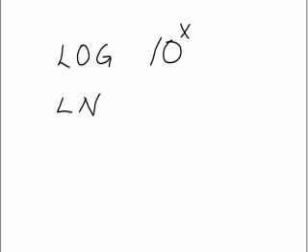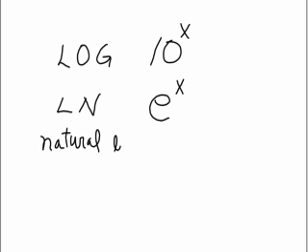When you have a logarithm that is an ln log, ln is for natural log or natural logarithm. And in that case, the base is e, and e is called the natural base.